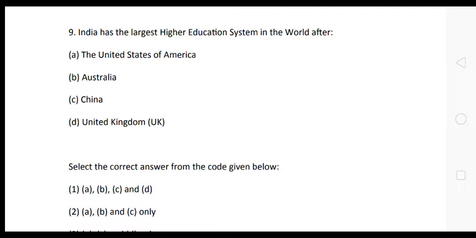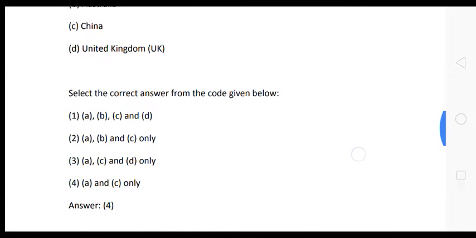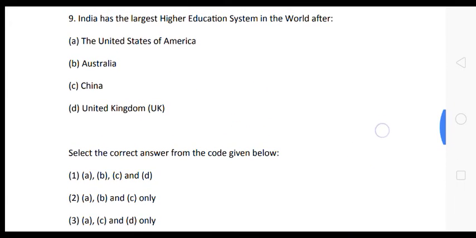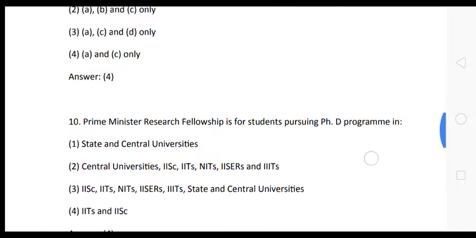India has the largest higher education system in the world after United States of America and China. Here the correct answer is option 4, A and C. Option 4, A and C is the correct answer. Okay, friends. Now let us see the next question.